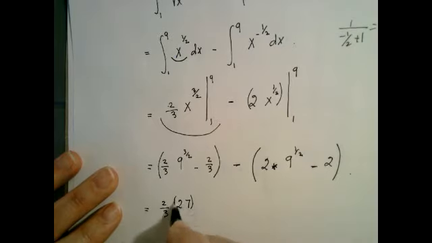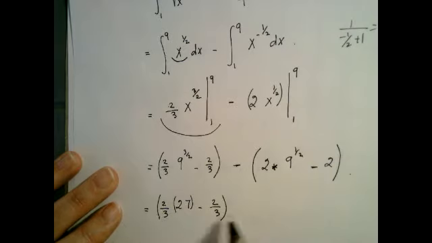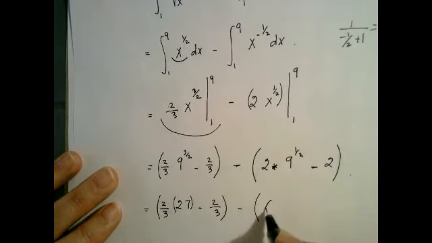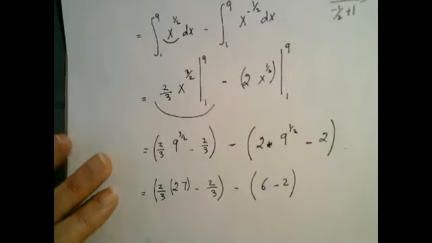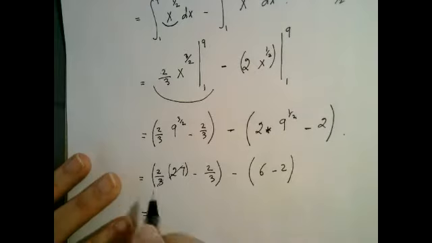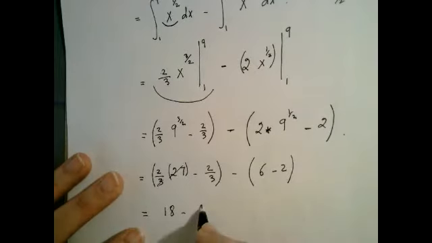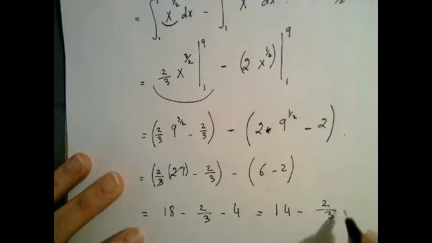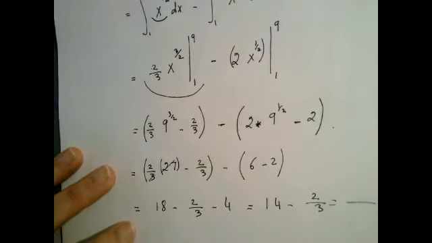Minus 2/3. Minus square root of 9 is 3, 3 times 2 is 6, 6 minus 2. So finally, I would get 3 and 27, this would give me 18, minus 2/3 minus 4, which is 14 minus 2/3. And you can add fractions together.